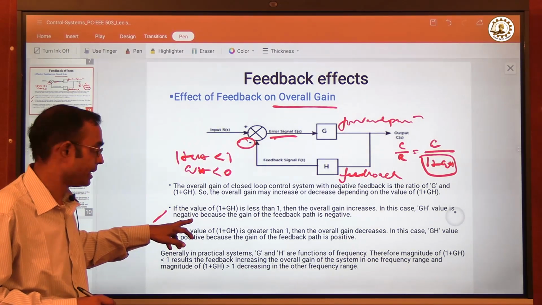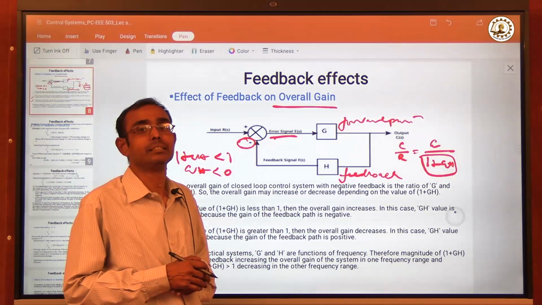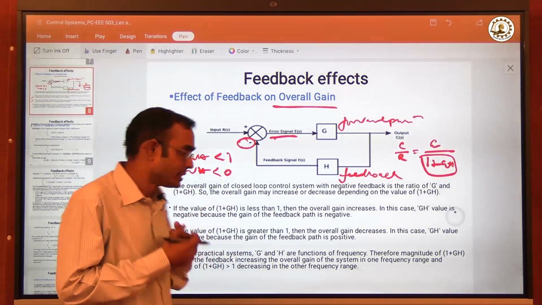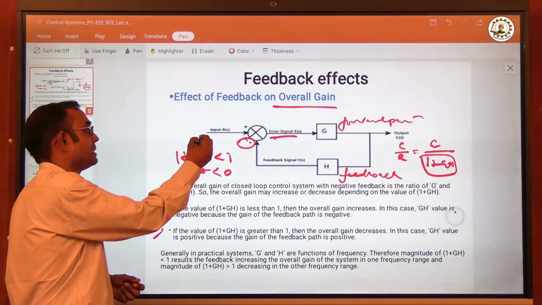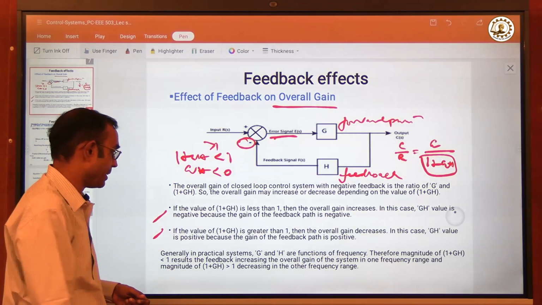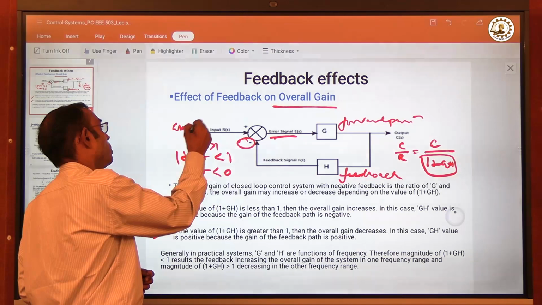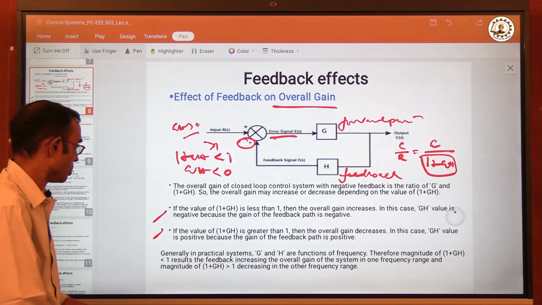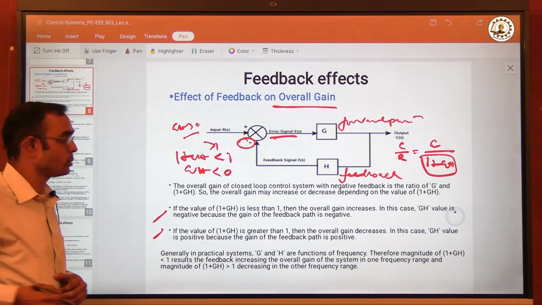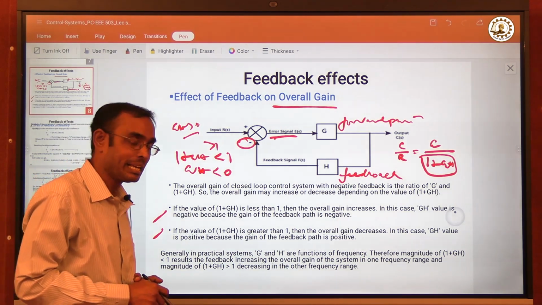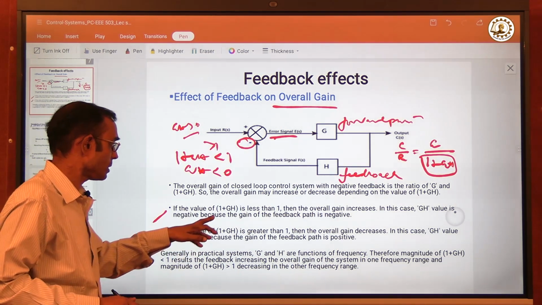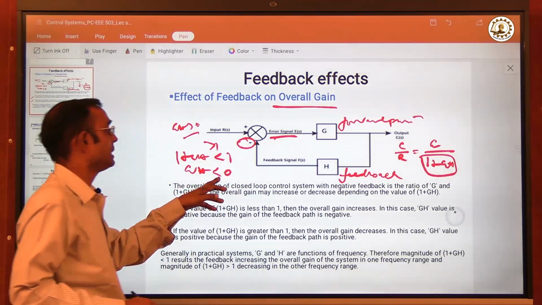If GH is negative, the gain of the feedback path is negative. Similarly, if 1 plus GH is greater than 1, then GH is greater than 0 and it is positive.